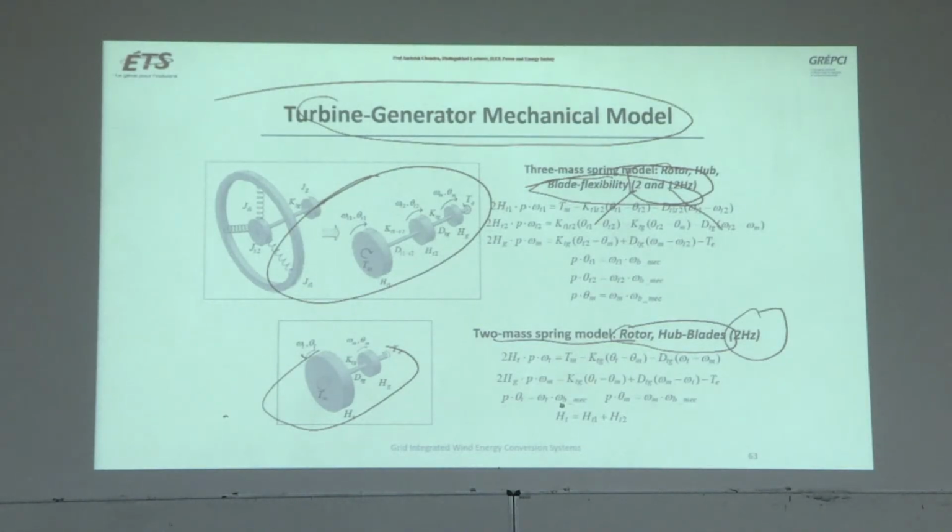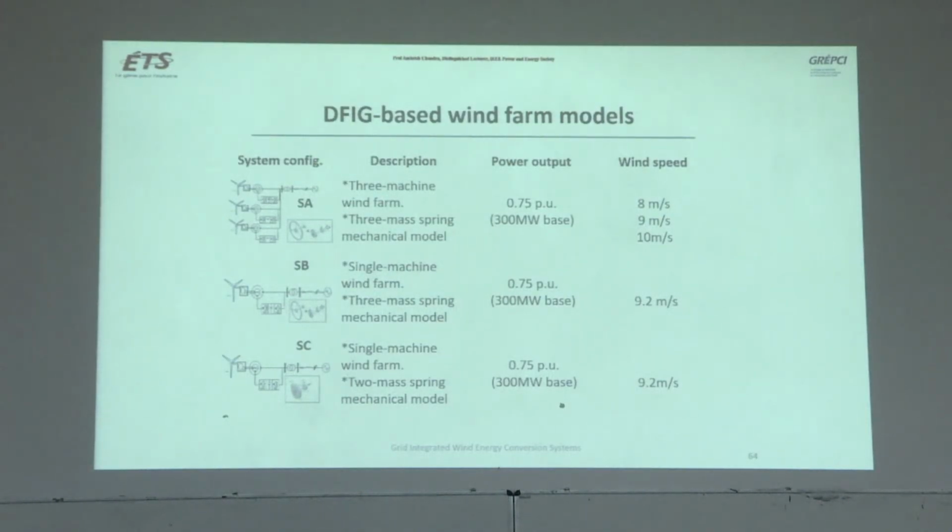So if you simplify your model of the machine, that may not give this, which is what we wanted to see. So what he did, he configured 3 systems, SA, SB, SC. Here there are 3 machines in the wind farm.